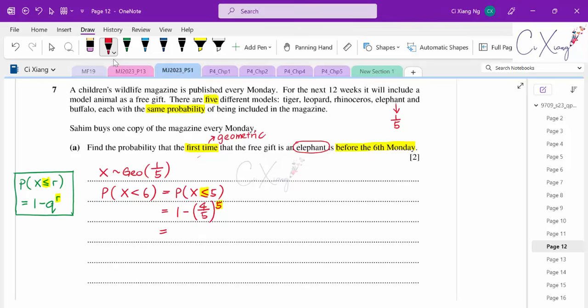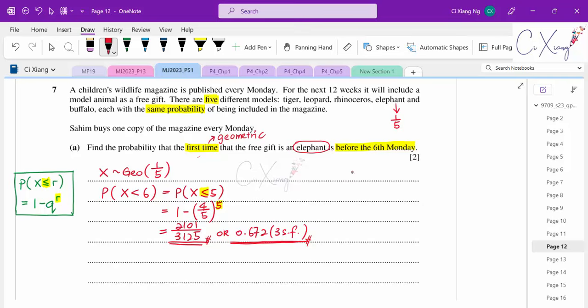And after that, I will get 2101 over 3125, or you can write it as 0.672 correct to 3 significant figures. So this is the first method, when you know how to apply the formula for x smaller equals to r for a geometric distribution.